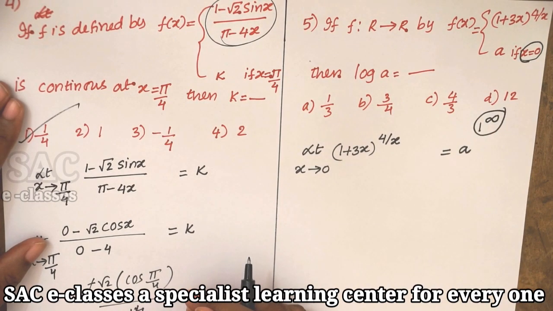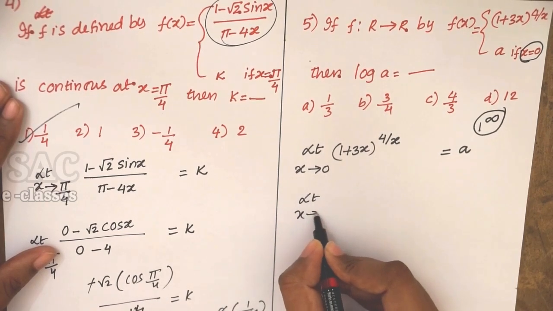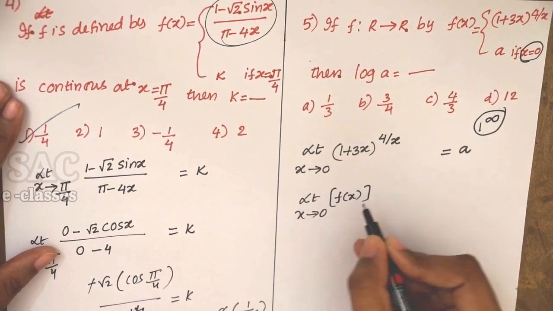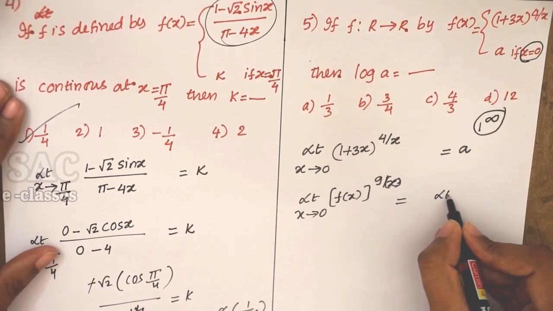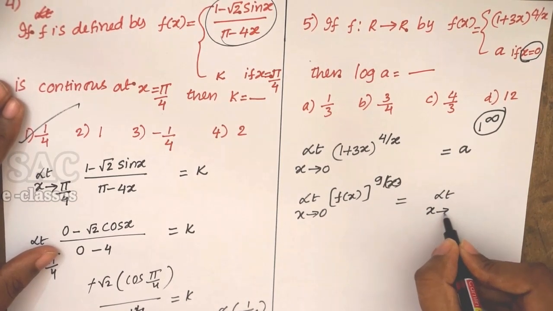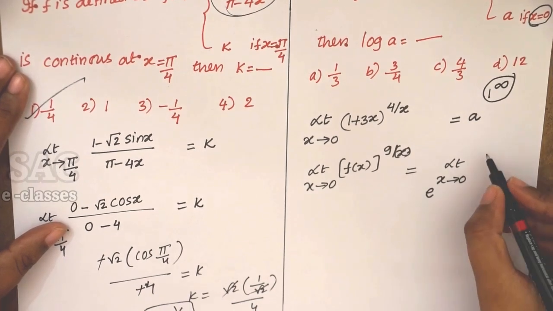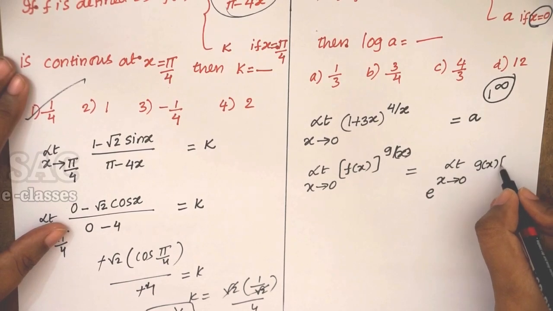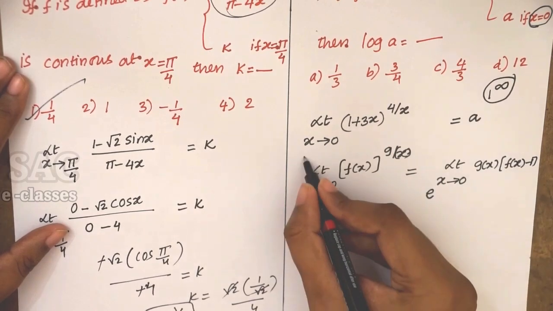Whenever it is in the form of 1 power infinity, the limit as x tends to 0 of f of x whole power g of x is equal to e power the limit as x tends to 0 of g of x into (f of x minus 1). This is the rule.